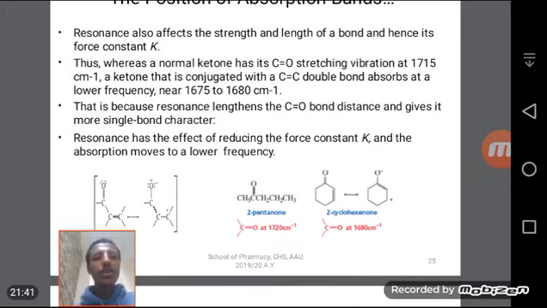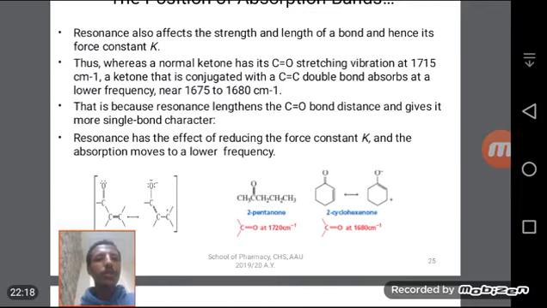Resonance also affects the strength and length of a bond, and hence its force constant K. Whereas a normal ketone has its carbonyl stretching vibration at 1715 per centimeter, a ketone conjugated with a carbon double bond absorbs at a lower frequency, near 1675 to 1680 per centimeter, because of the resonance effect of the carbon double bond or conjugation.